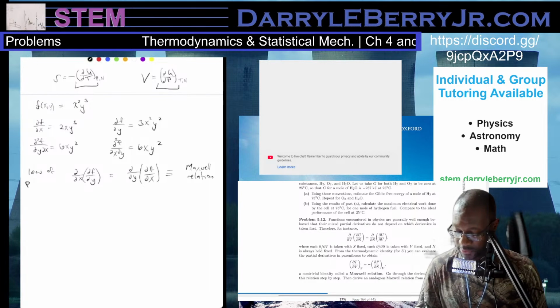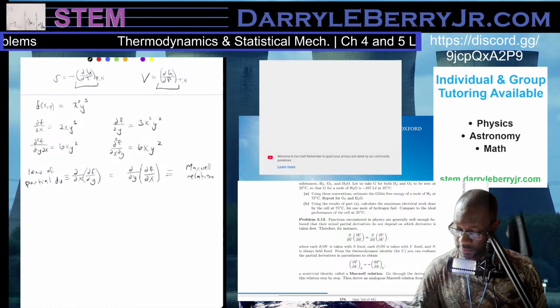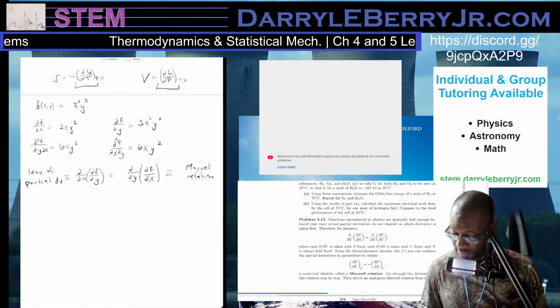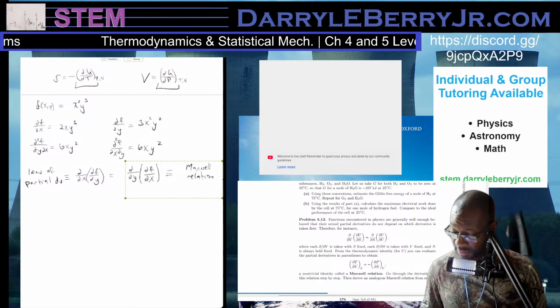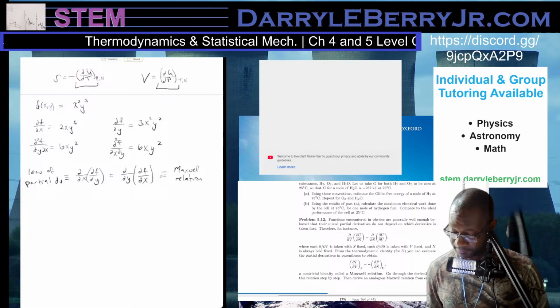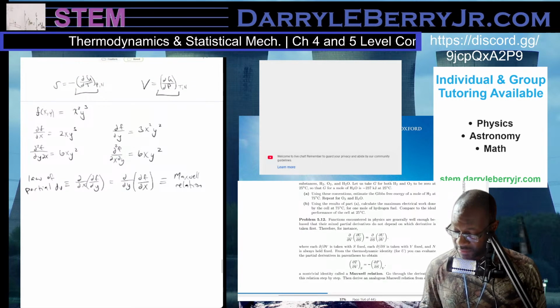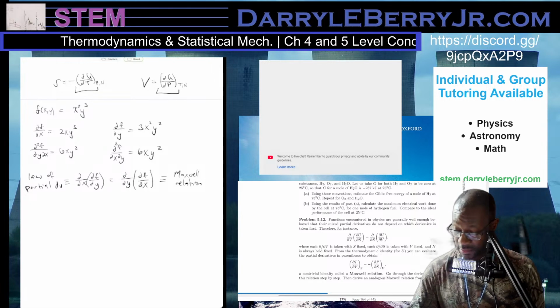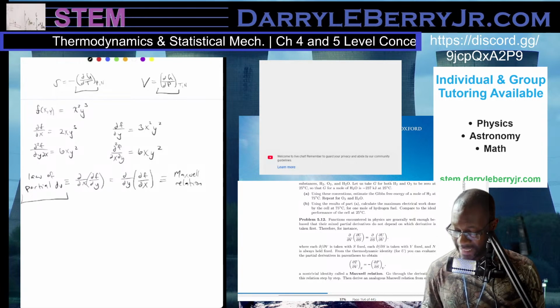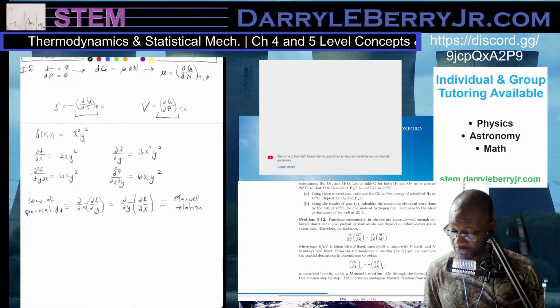The law of partial derivatives is this, and this is equivalent to a Maxwell relation when applied to thermodynamics stuff. So all we have to do now to get the Maxwell relation, which is the law of partial derivatives applied to thermodynamic stuff, is do the same thing.